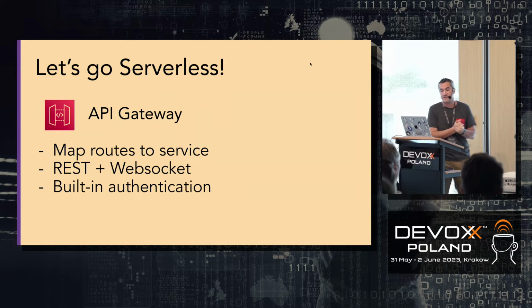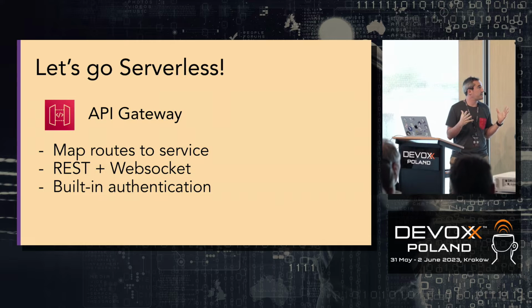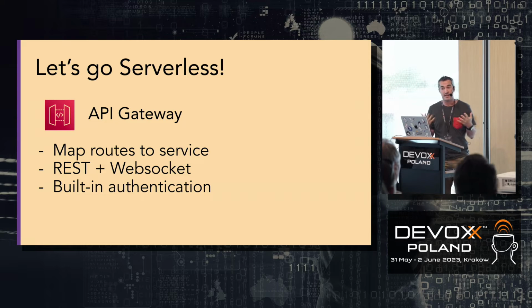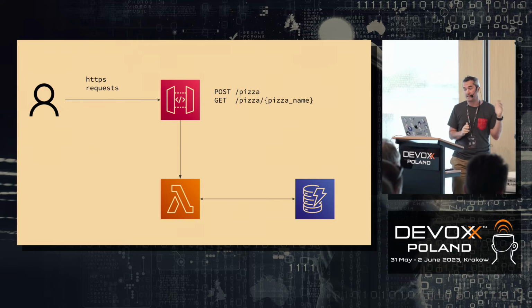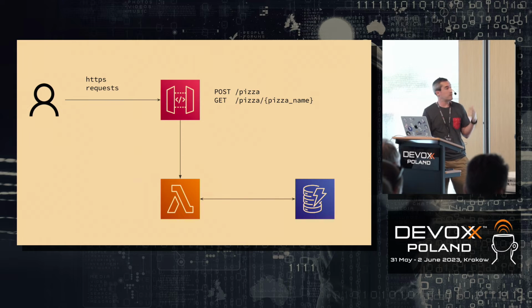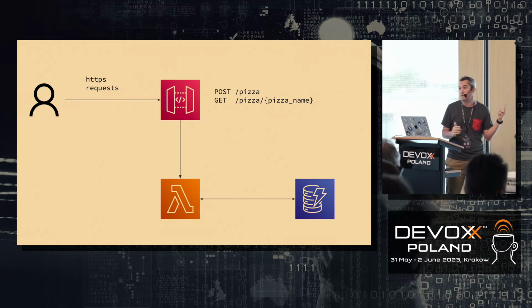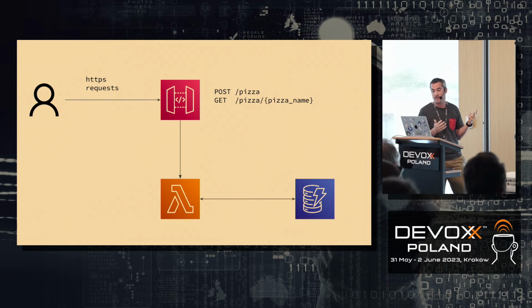So the first component is an API Gateway. API Gateway is an AWS managed service which maps routes to services. If we go back to this simplified architecture diagram, there are two different routes: one to post a pizza and one to retrieve. Here we have a choice whether or not we want to have two different Lambda functions to react to each one of those HTTP verbs.